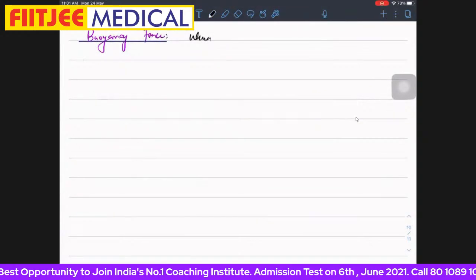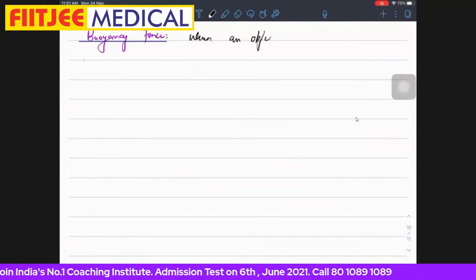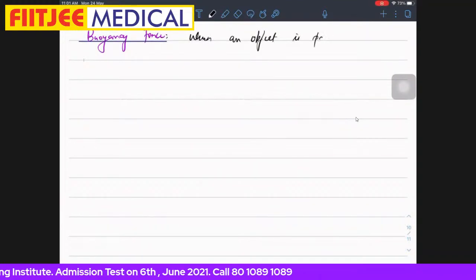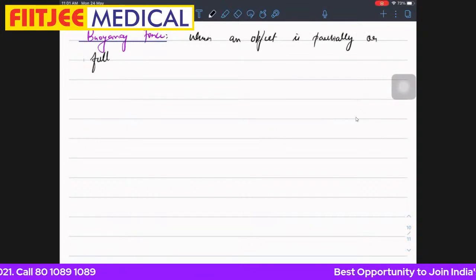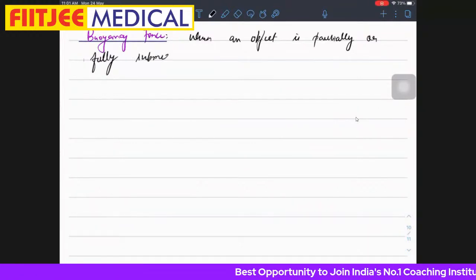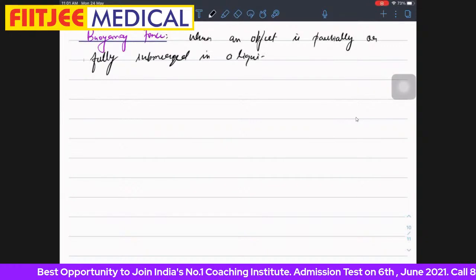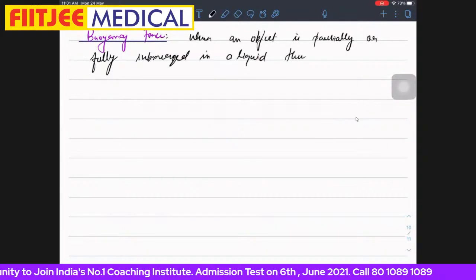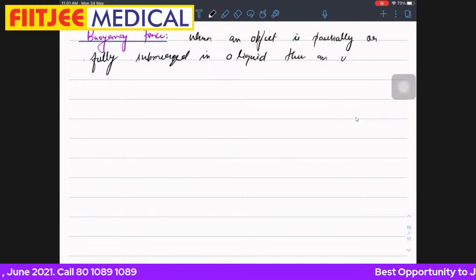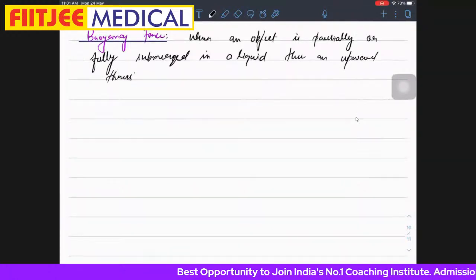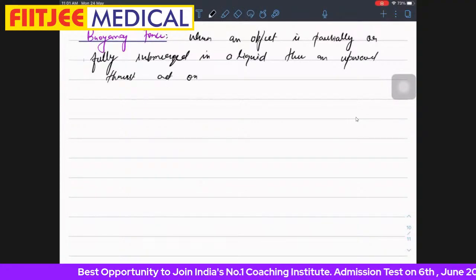When an object is partially or fully submerged in a liquid, an upward thrust acts on it.